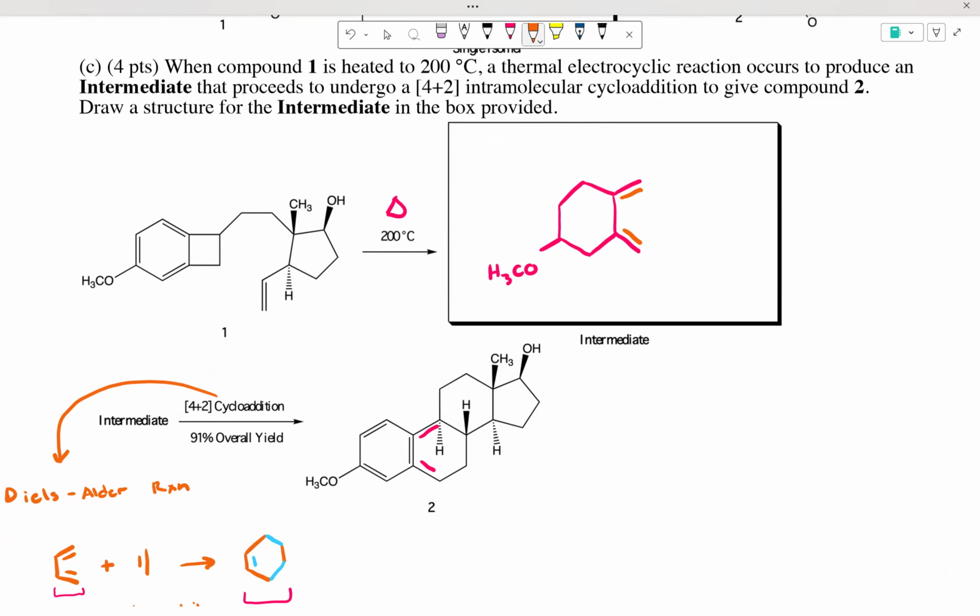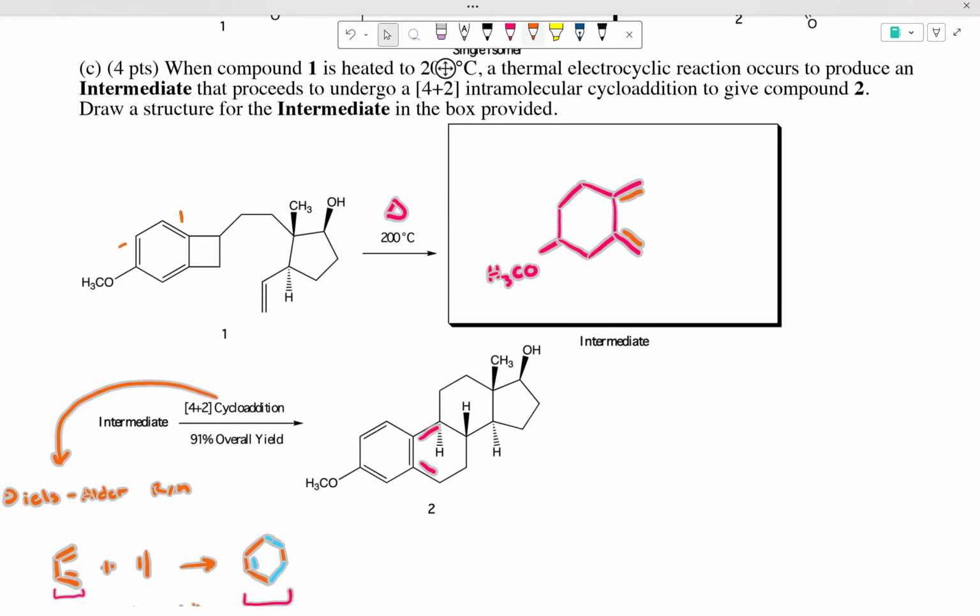In this system, there are one, two, three, four. There are 3 pi bonds, and then 1 sigma bond that we're gonna break for the ring opening.